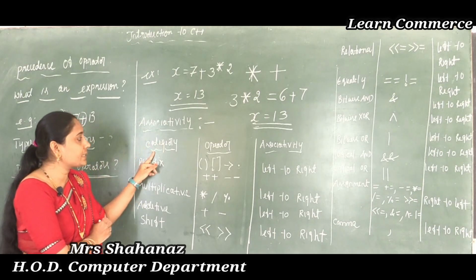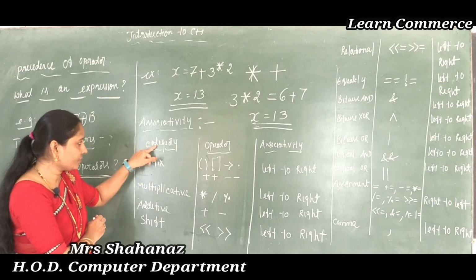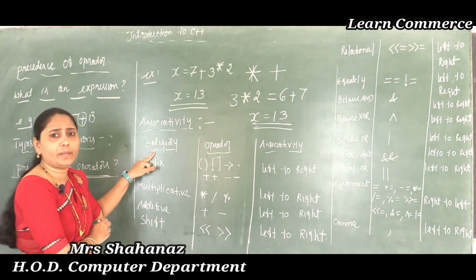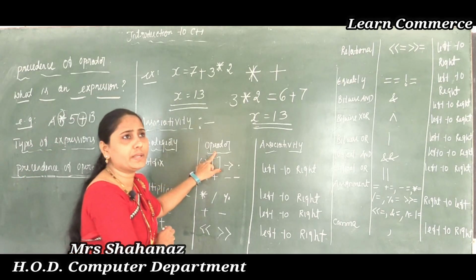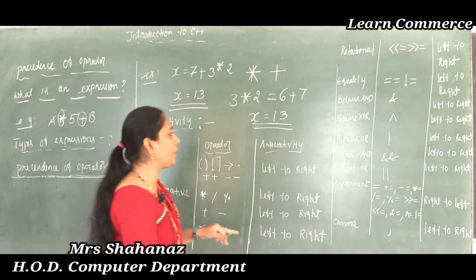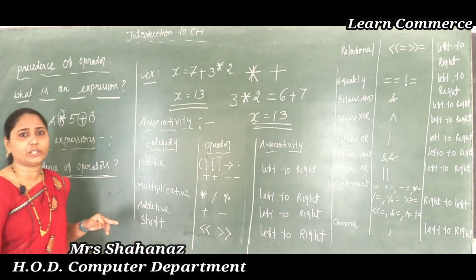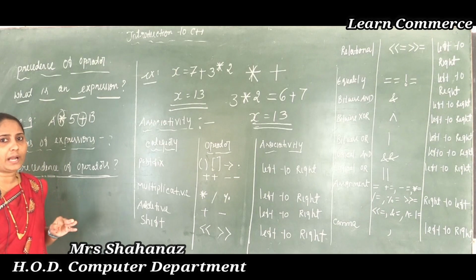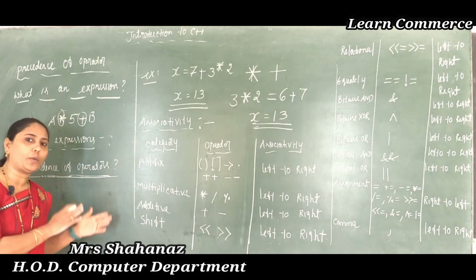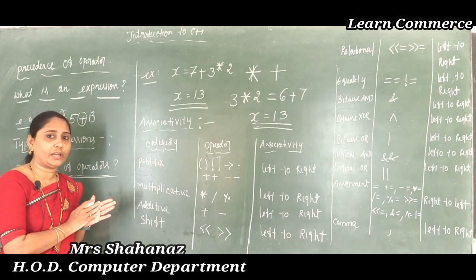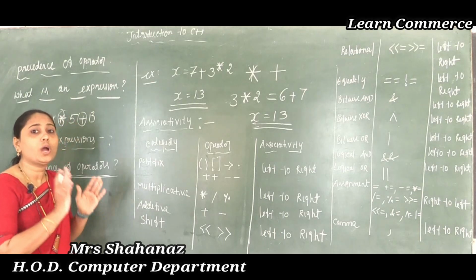Okay, so in this concept, the first column name is the category, the second column name is the operator, and the third column name I want to use as the associativity. Okay? And we know that in associativity, depending on the operator, sometimes we need to calculate from left to right or right to left here.